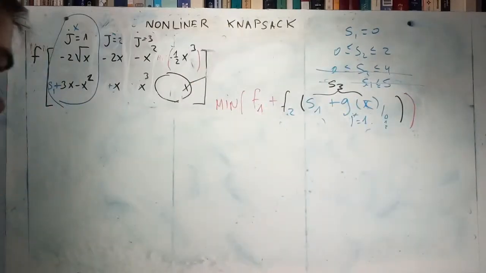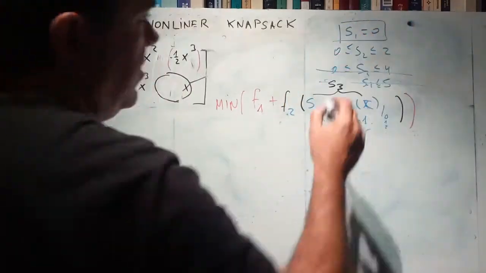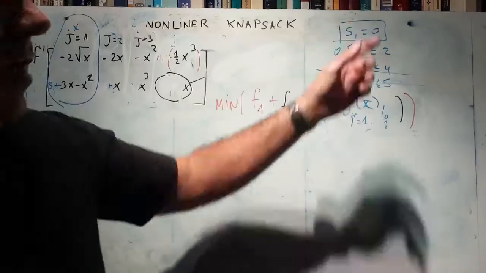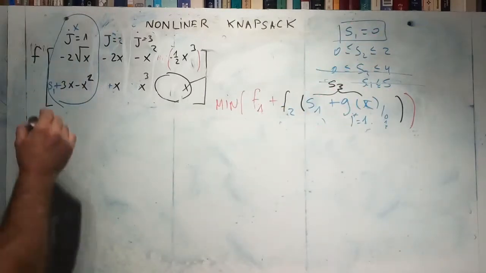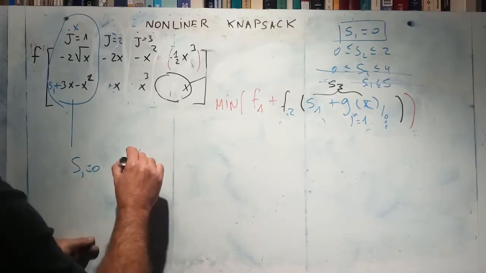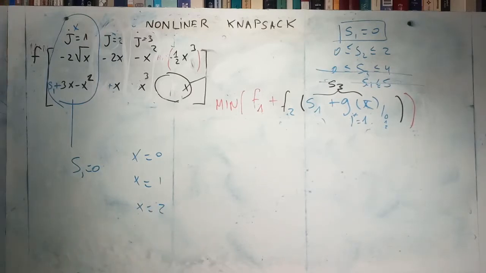So over here is more easy because our hypothesis started assuming that S1 has a value of 0. So S1 being 0 and x being 0, x being 1 and x being 2.